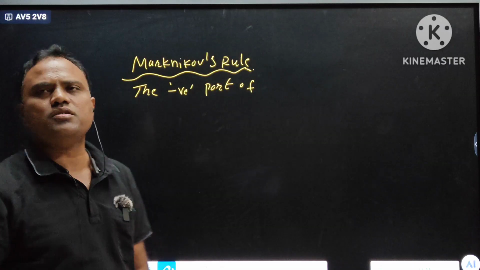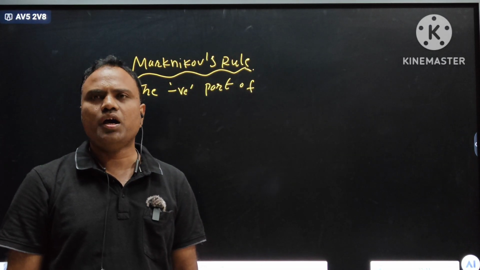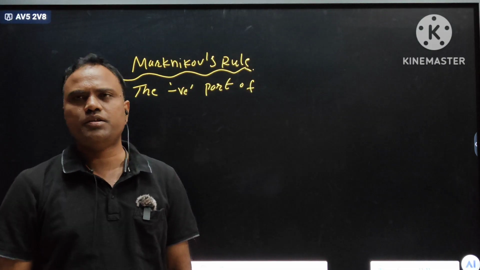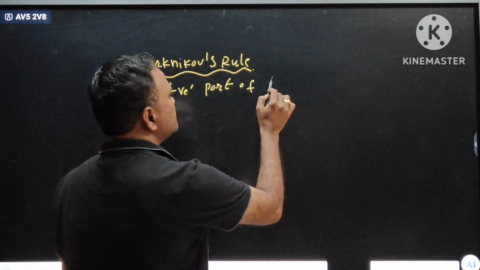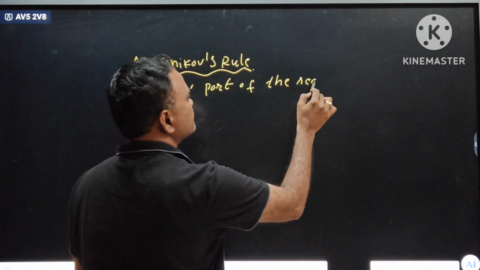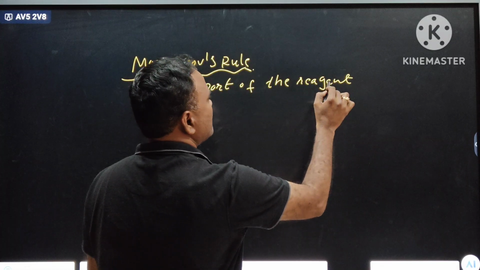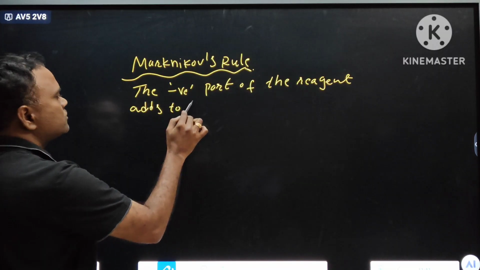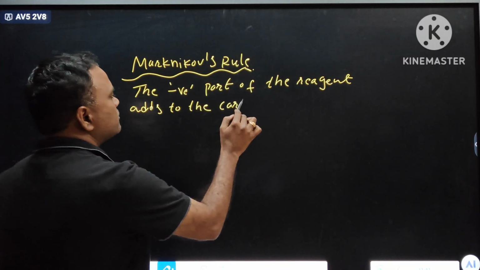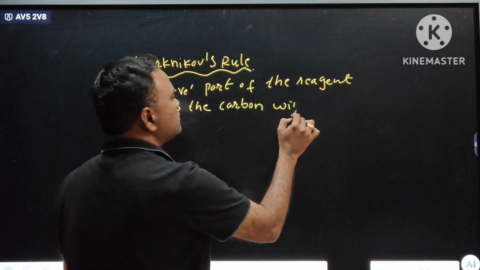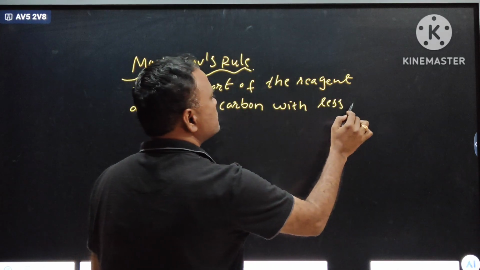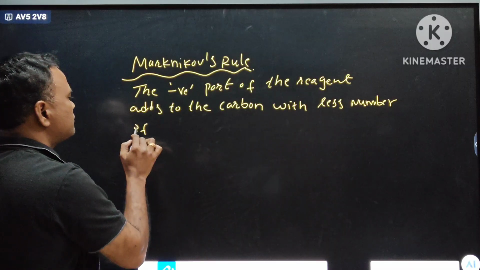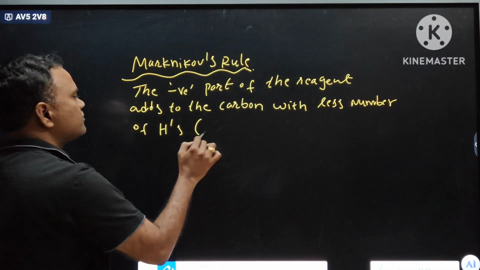See, the negative part of the reagent or addendum adds to the carbon with less number of hydrogens.